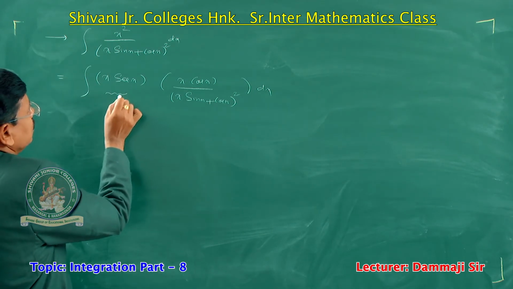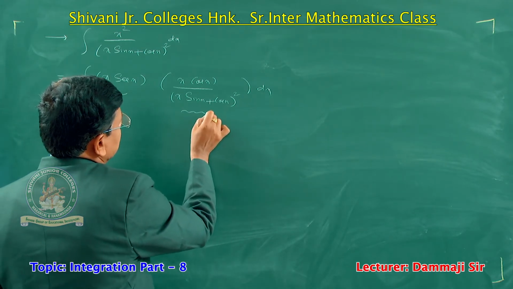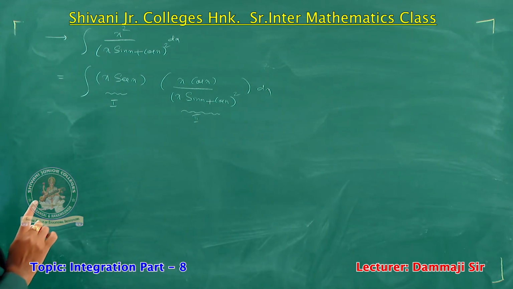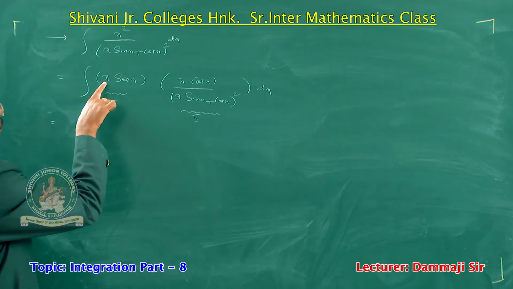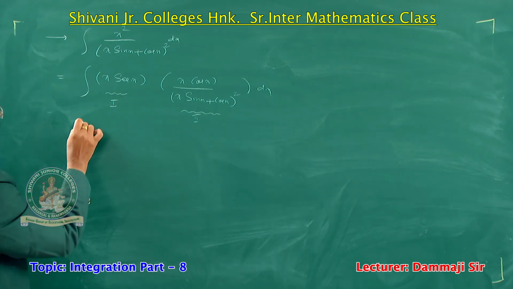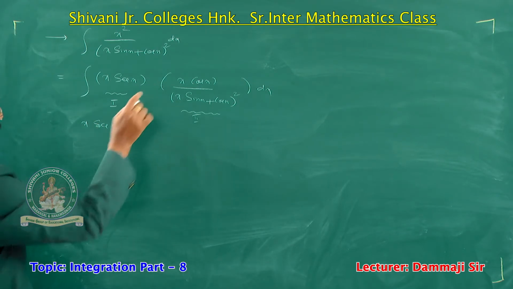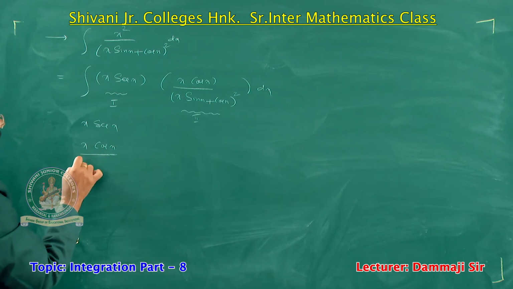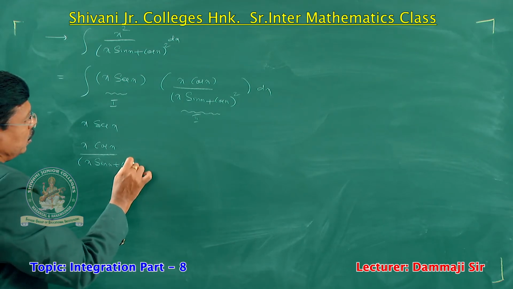Now we'll treat it as the first one. Next go to the second one. The result is nothing but, so first one just keep it only: x secant x. Second one: x cos x by x sin x plus cos x whole square.